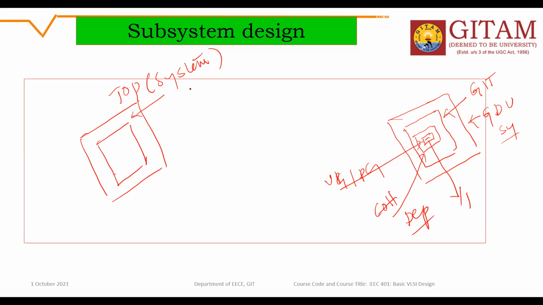Now CPU is the subsystem of this top module. Next, simple components are the subsystems of the CPU.